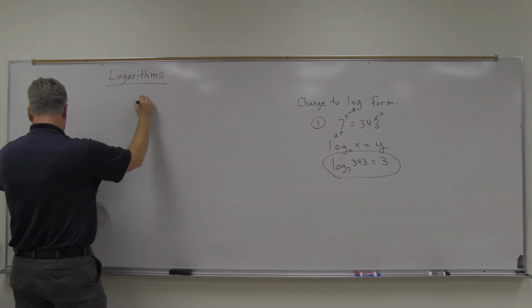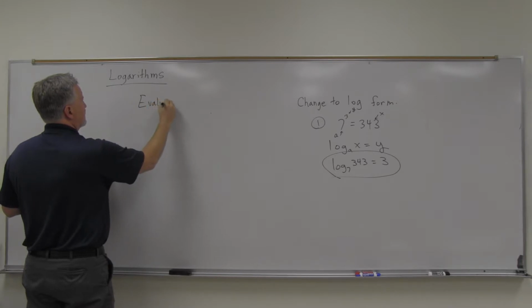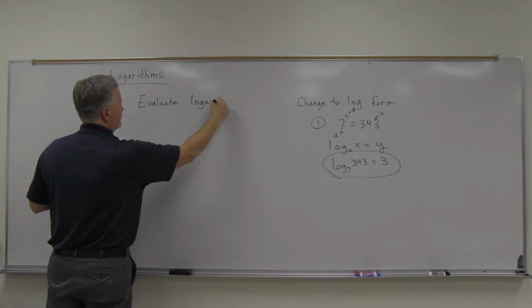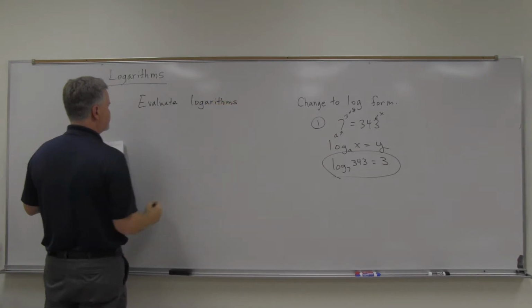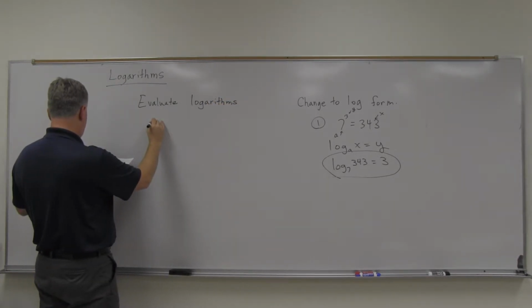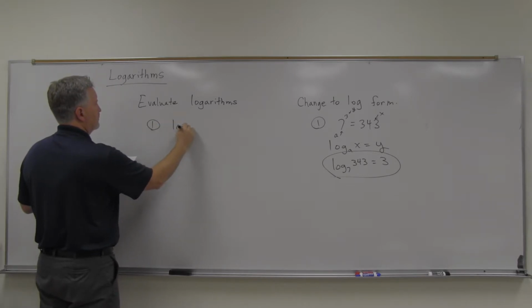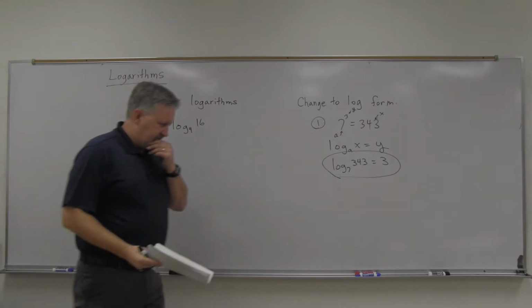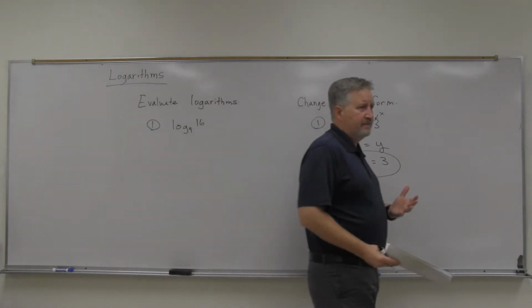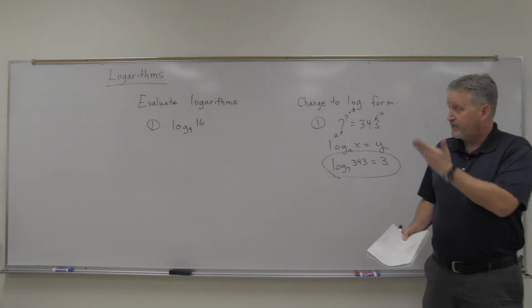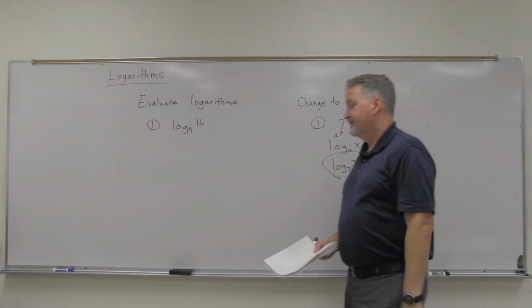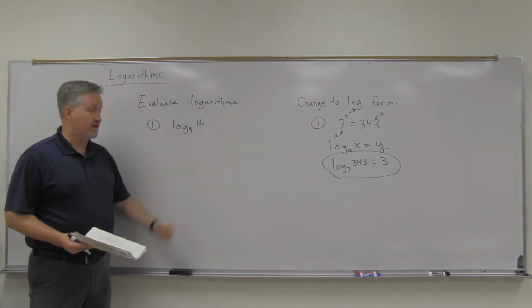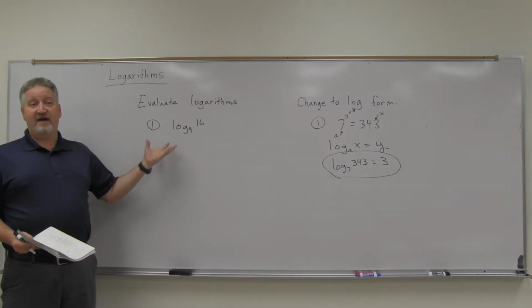Evaluate logs. All right, number 1. What you have to realize here is when I have a logarithm, it's just a number. If I have the base and the number inside there, when I take the log, this just has a value.